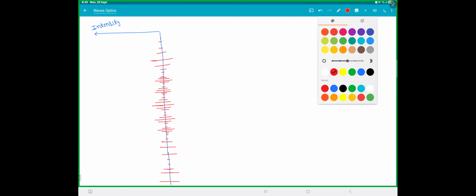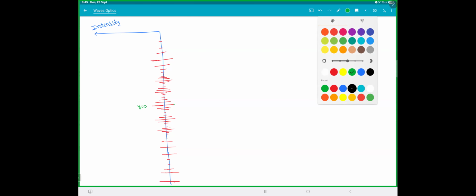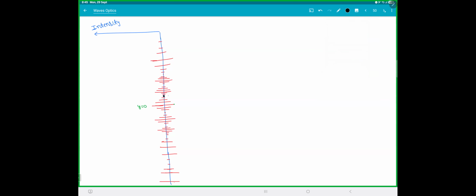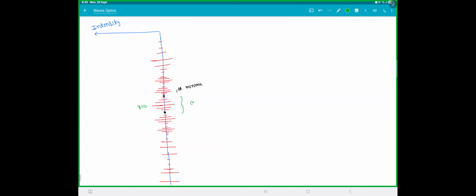So this is what you will notice. This point here in the center, this is your y is equal to 0. This is your first minima. This is also a minima. So this distance between them is called central maxima or central bright fringe. And that length, which is nothing but lambda capital D by small d, will be the length of actually all the fringes.